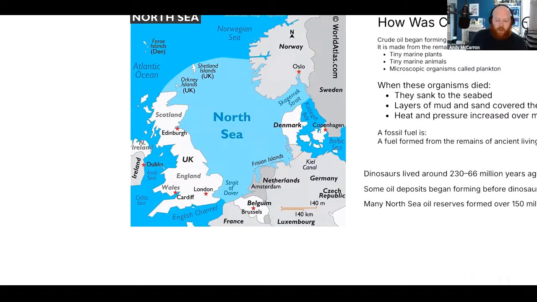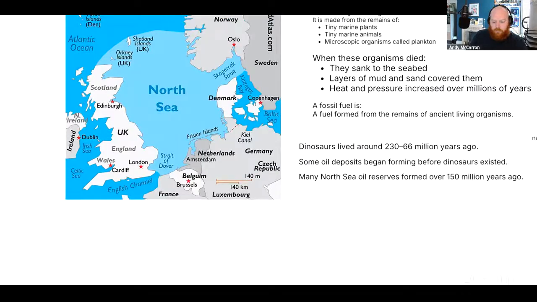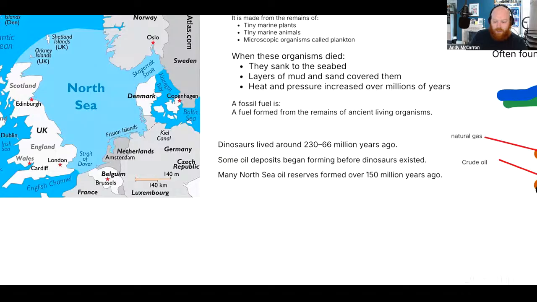So oil is forming naturally today. This is one key thing. There will be new reservoirs starting to form out there, but it takes too long to replace the current stuff that we are using up.